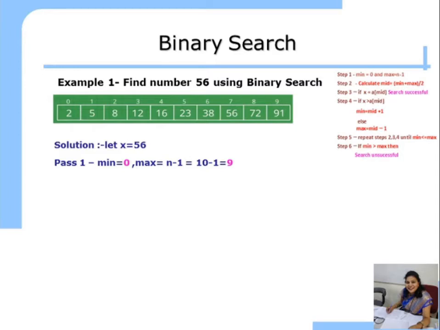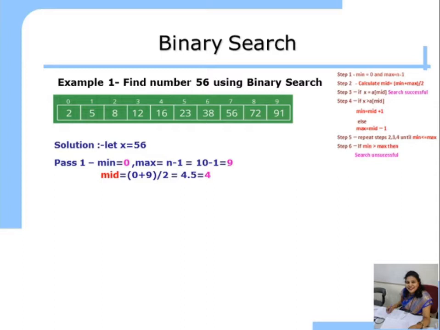Now we will calculate the middle value. Mid is equal to (0 plus 9), meaning (min plus max), divided by 2. It will be 4.5. We will round 4.5 down to 4, the previous value. Why? There is a reason behind this rounding. In your program for binary search, we are taking all the variables min, max, mid and x as integers.